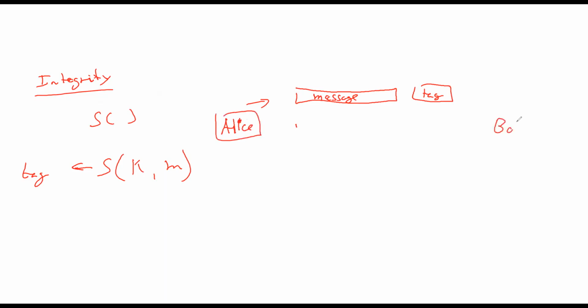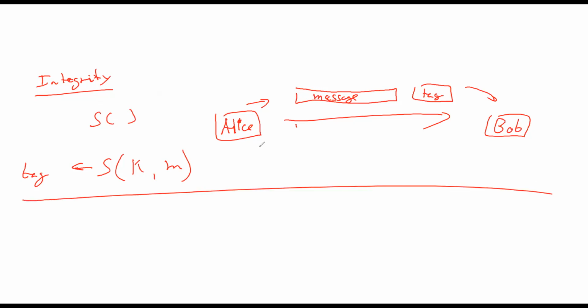So it goes from Alice to Bob. When Bob receives it, Bob will use a function to prove it is in fact the same value. Whereas Alice uses the signing algorithm S, Bob will use a function V, to verify. So Bob uses a verification algorithm.